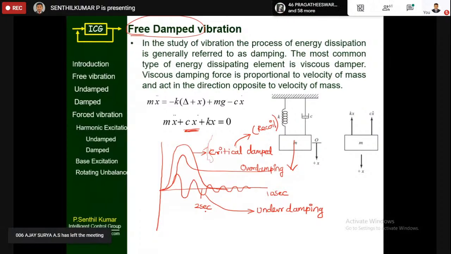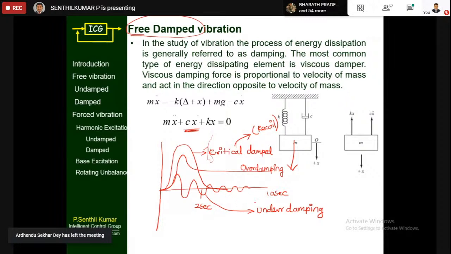If you take Audi, Benz, Mercedes Benz or some higher end cars, they will try to reduce vibration as quickly as possible. Within 2 seconds, 3 seconds, they want to reduce vibration. That's why when you are sitting inside the car, you won't feel any vibration in Audi or Benz. But in a normal ordinary car, you feel a lot of vibration.